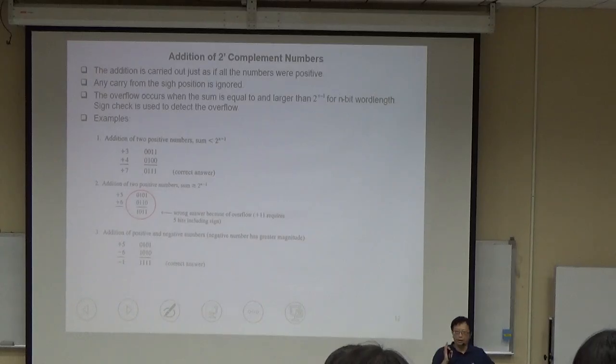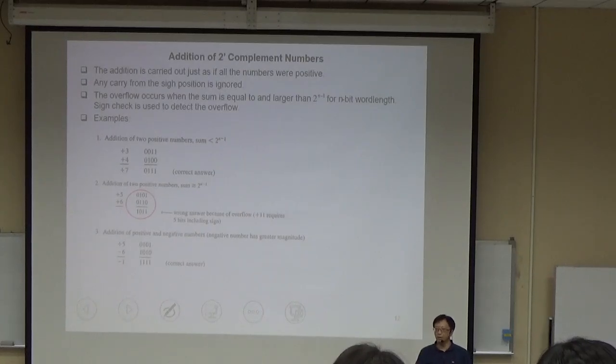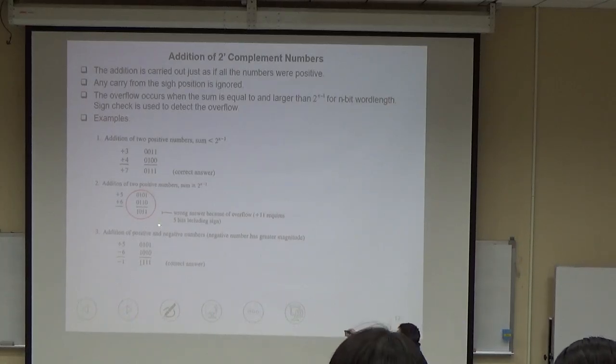The wrong answer was overflow because we add these two numbers together and we have 11 in the decimal system. The 11 is larger than 8, right? I show you right here. If the numbers added together are larger than 2 to the power n minus 1, there is overflow. 5 plus 6 becomes 11. 11 is larger than 8.